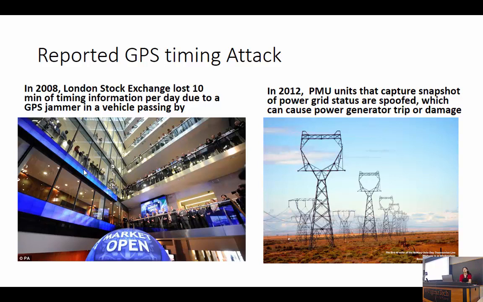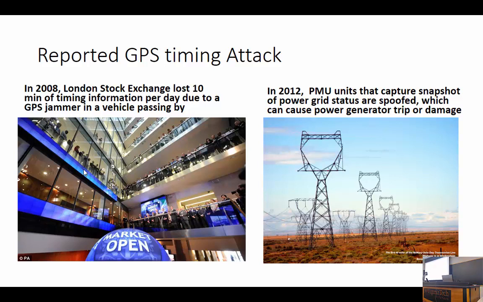And in 2012, I think a research group at the University of Texas at Austin demonstrated that the PMU, which is a device that takes a snapshot of the power grid status, can be spoofed.